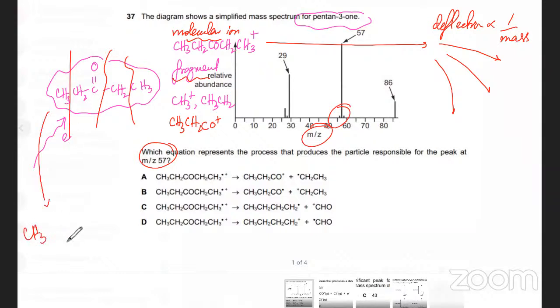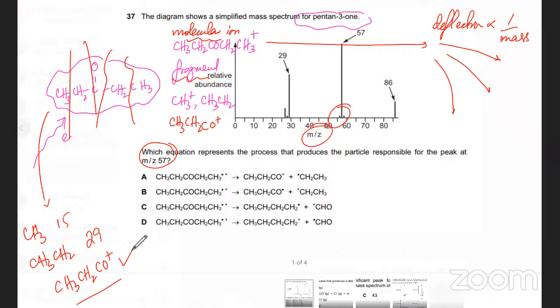What is CH3? That's 15, right? Or maybe it's a bigger fragment, CH3CH2, which is 29. We need a bigger fragment. We can include the CO as well, CH3CH2CO. That's 57.